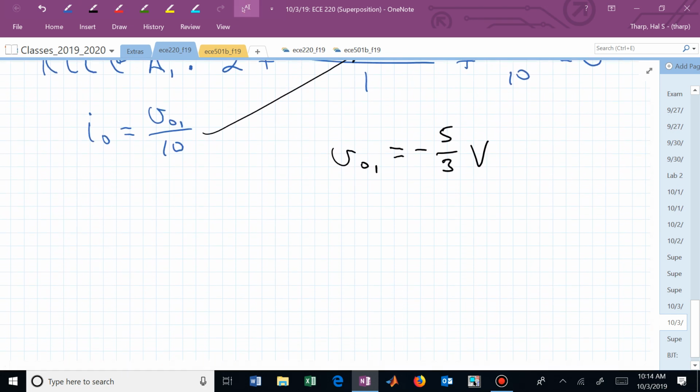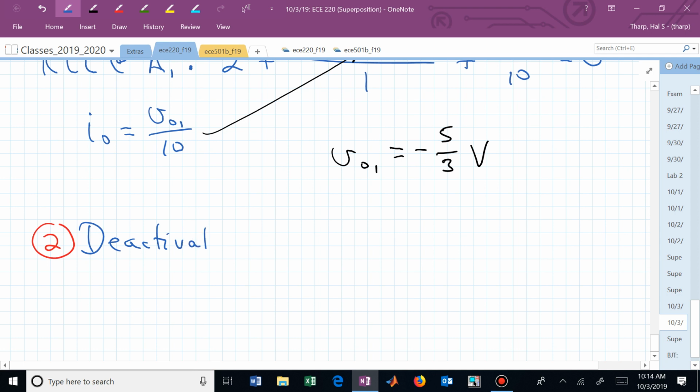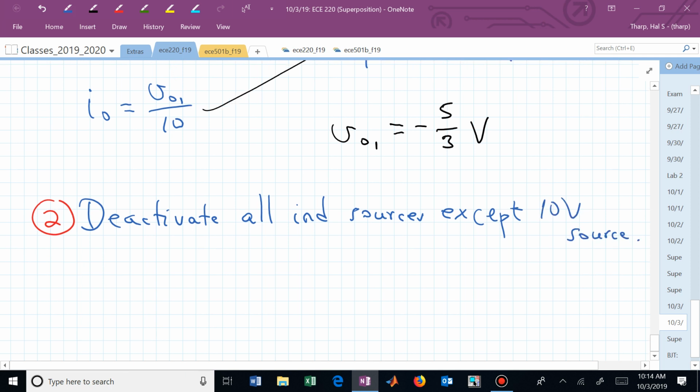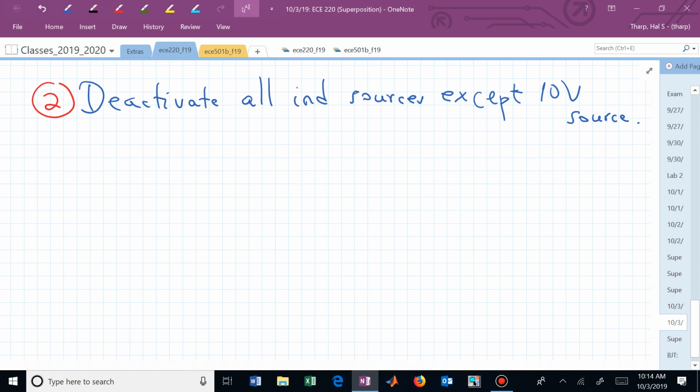Let's deactivate another, or let's activate another one. Let's now say we're going to deactivate all the independent sources except, let's say, the 10 volt source. What's our circuit look like now?